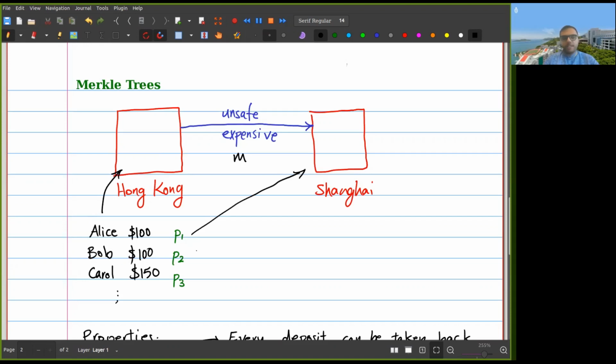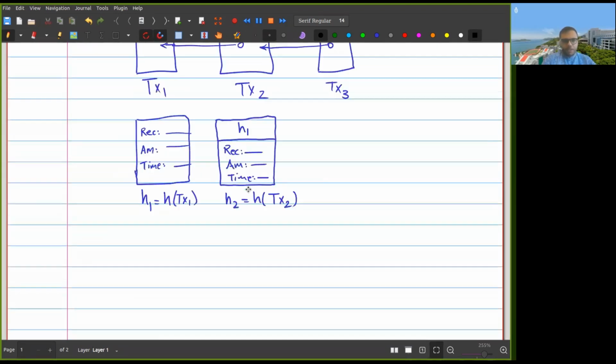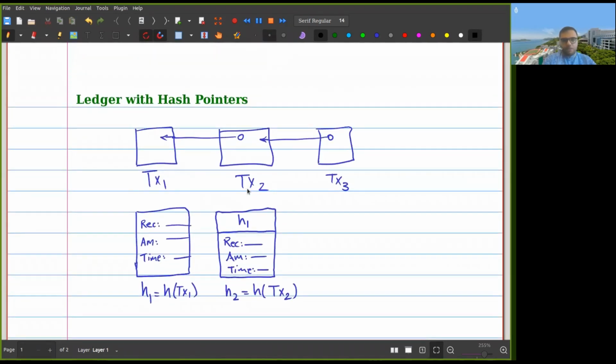We've already seen in the case of the ledger that if I wanted to keep track of the entire history, I could simply keep track of the hash of the last transaction, right? If I have the hash of transaction 3 and then the bank tries to add transaction 4, I could just check that it has the correct hash of transaction 3, and that would mean that everything else was correct as well.